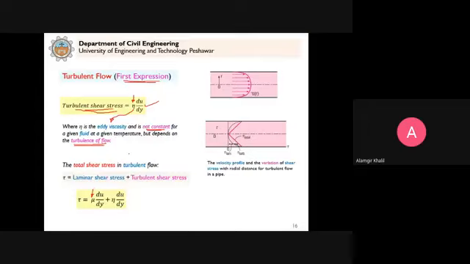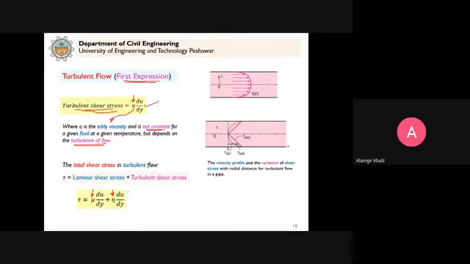But in the case of turbulent shear stress, this eta, the eddy viscosity, is not a fluid property. It depends on the turbulence of the flow, and if the turbulence is changing, this will change. So that's why you will not find this eta from tables. This is how it becomes difficult to measure this eta.